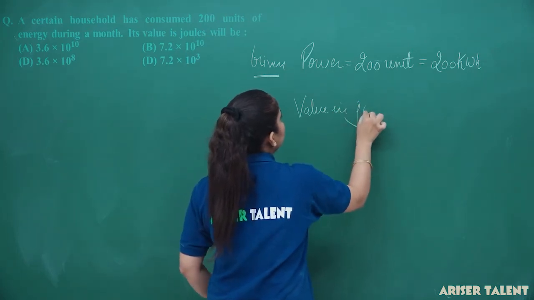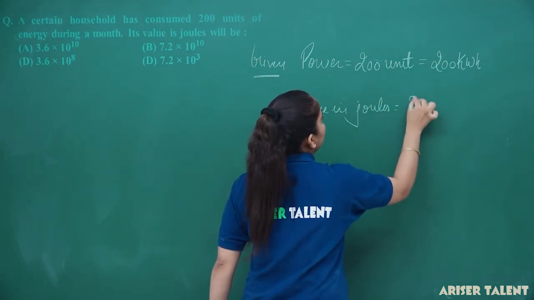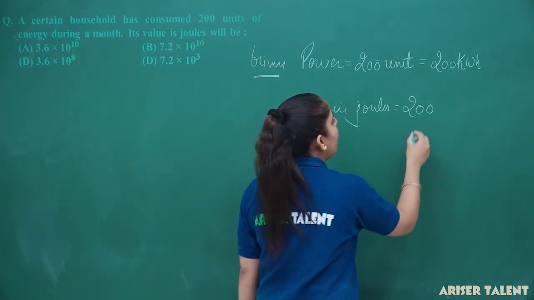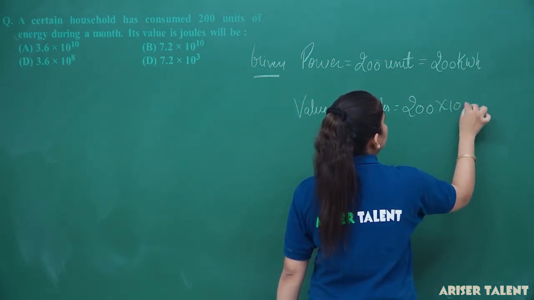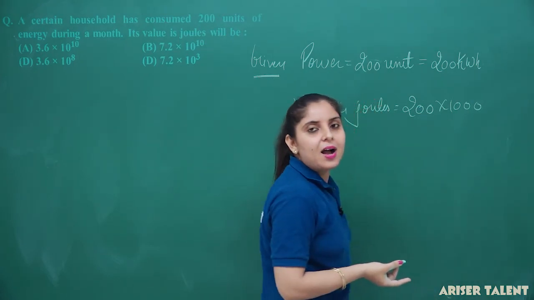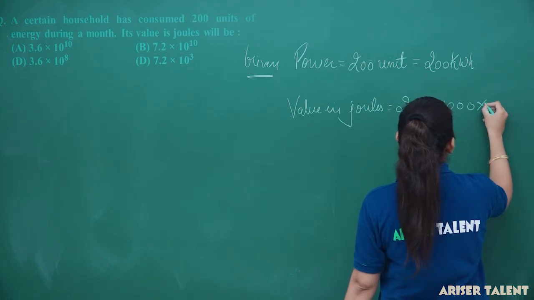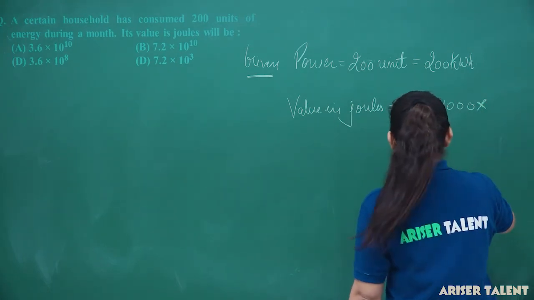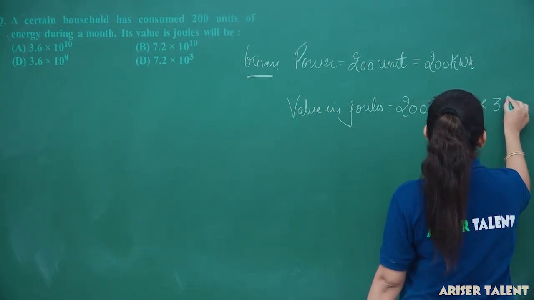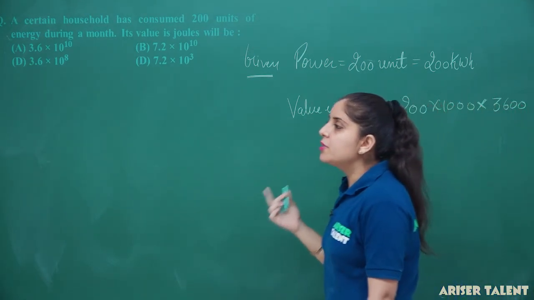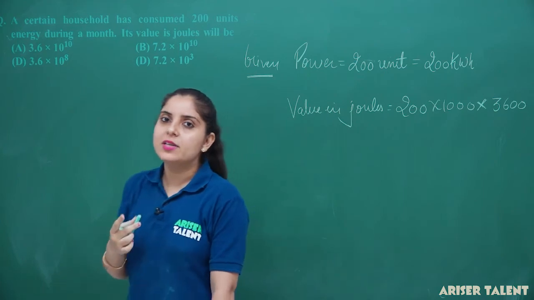So, value in joules will be 200, and for changing the kilowatt into watt, I will multiply it by 1000, and for changing the hour into seconds, we will multiply it by 3600. Why 3600? Because 1 hour equals 60 minutes and 1 minute equals 60 seconds.